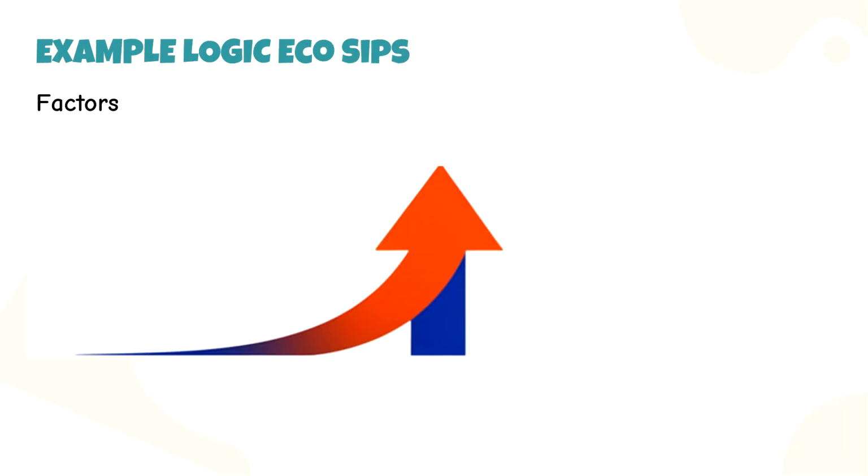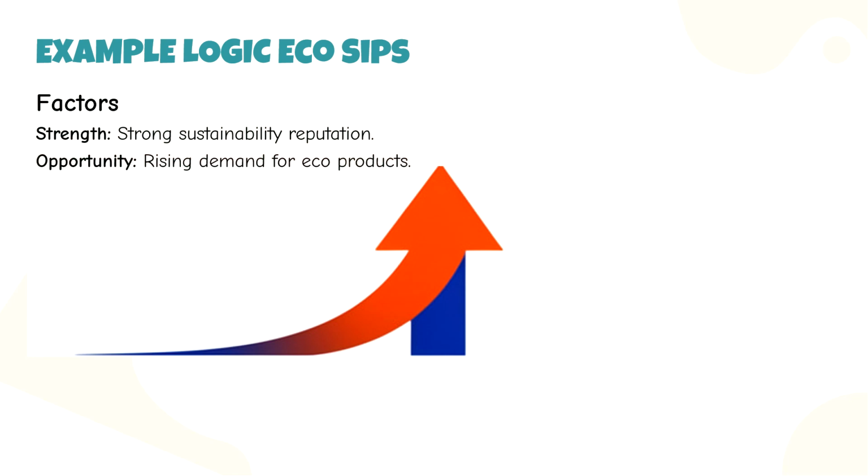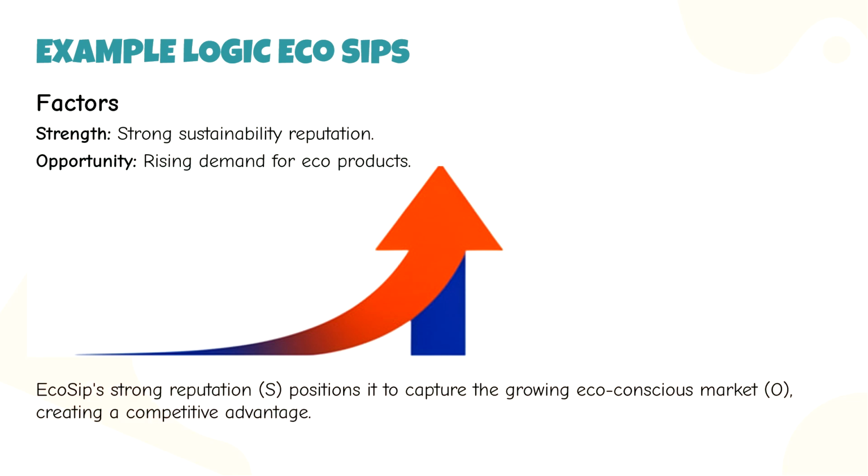So, like we said, EcoSips has a strong sustainability reputation and an increasing demand for eco-friendly products. EcoSips' strong reputation positions it to capture the growing eco-conscious market, and this creates a competitive advantage.